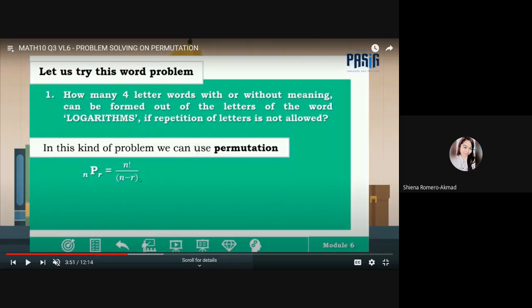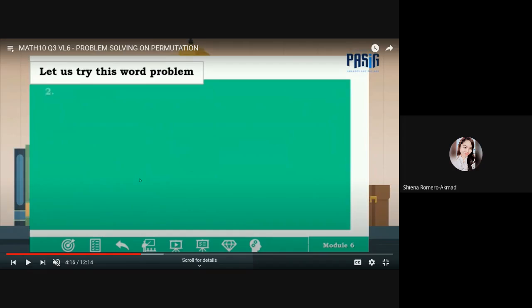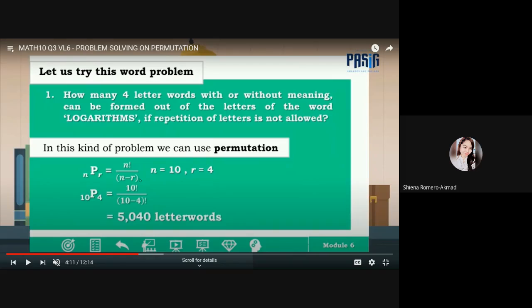We'll have 10 factorial divided by 10 minus 4, and that's 6 factorial. So 10 factorial divided by 6 factorial, we have 5,040 words. Okay? So paano nyo malalaman if you will use this kind of formula?